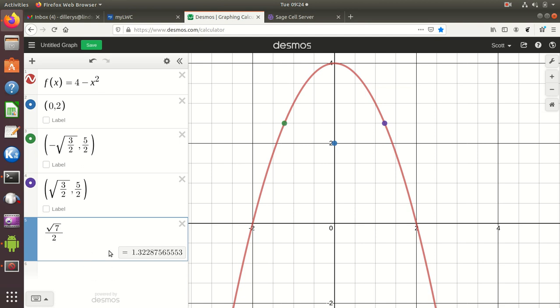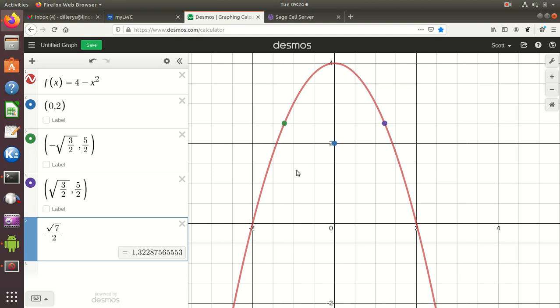I could type the distance formula in, but I'll just look at it and go, yeah, that looks right, about 1.32. There we go. That looks good.